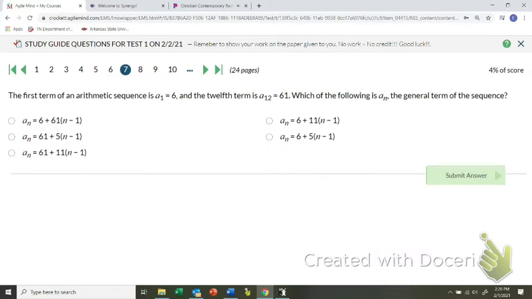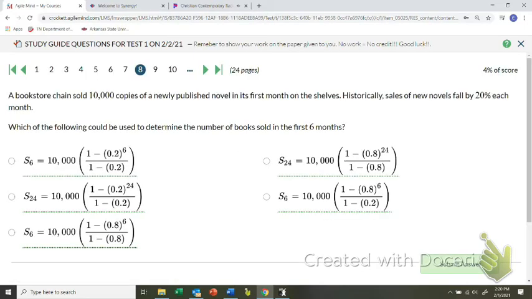All right, number 8. Now, here's another problem using that geometric sum. Okay? So, a book chain store sold 10,000 copies in its first month. Historically, sales fall by 20% each month.